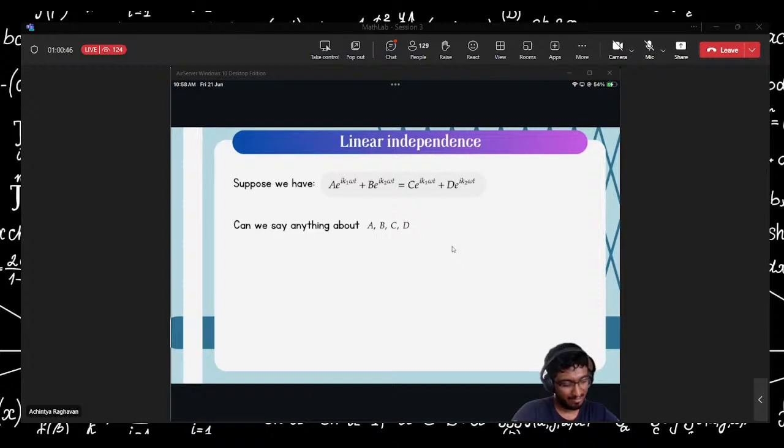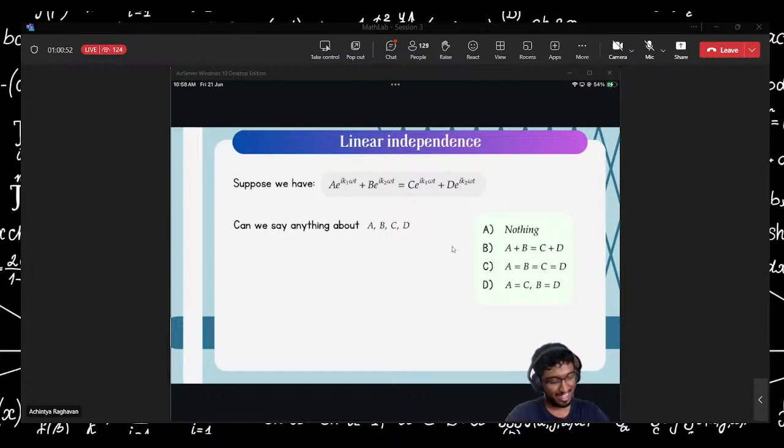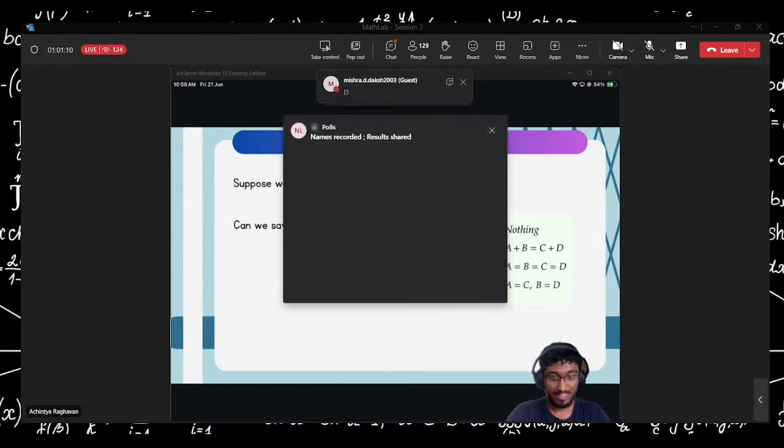Chat wants me to put a poll. Will you please show forced oscillator? Okay, guys, have a look at this. I'll do it after. Just give me a second. Oh, it's multiple correct.